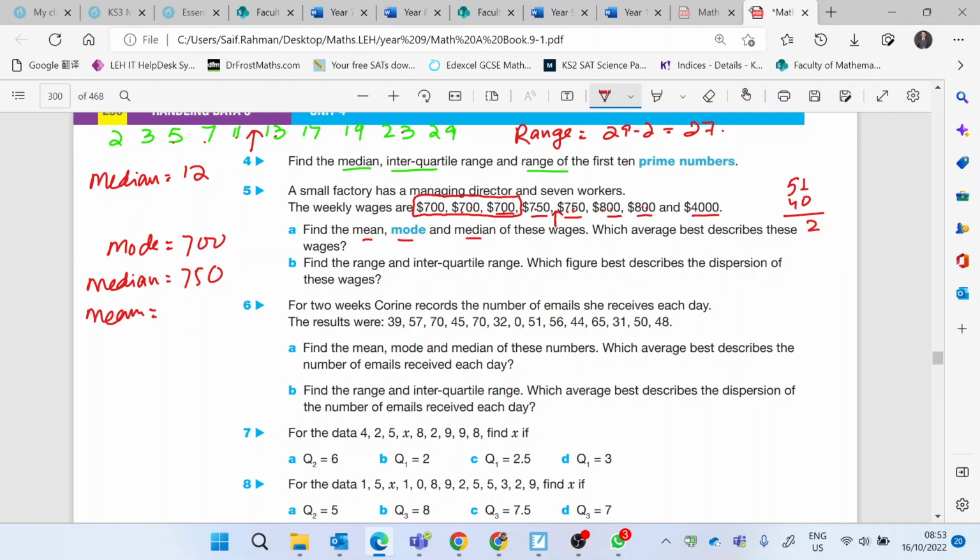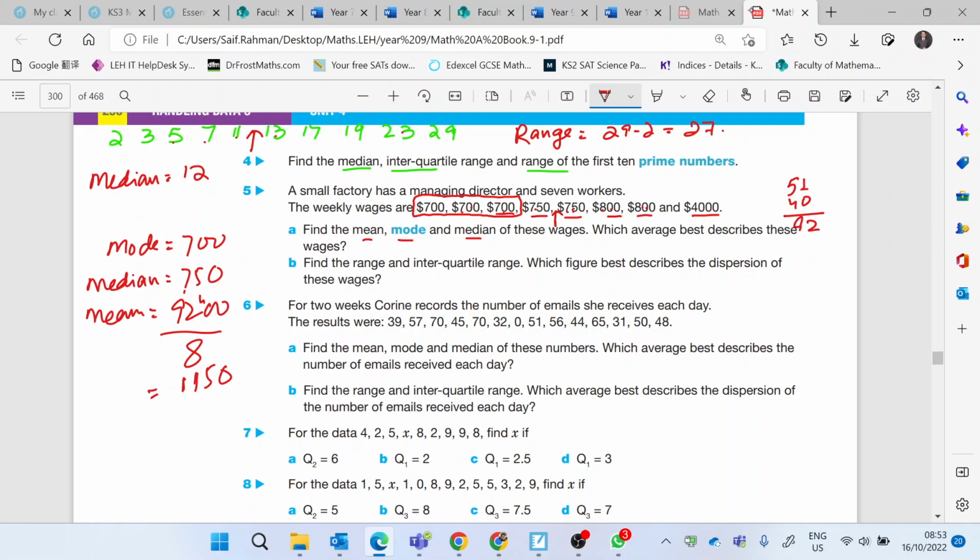So that gives us 9,200, right, divided by 8. 8 ones are 8, 8 ones are 8, here goes 12, 4, 8 fives are 40 and 0. So the mean is 1150. So which out of these describes the best?